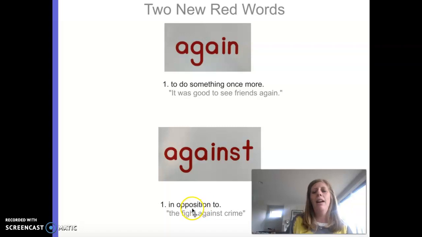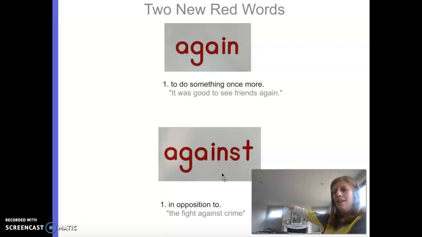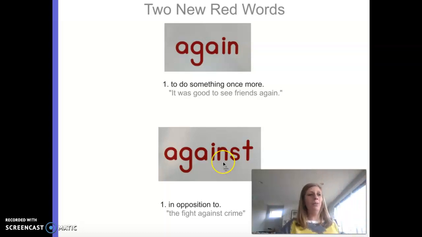Opposition means if you oppose something, it means that you think it's wrong or that you don't like it. So against means that you don't like something or you think something is wrong if you're against something. Okay, so let's skywrite against. A, G, A, I, N, S, T. Against.